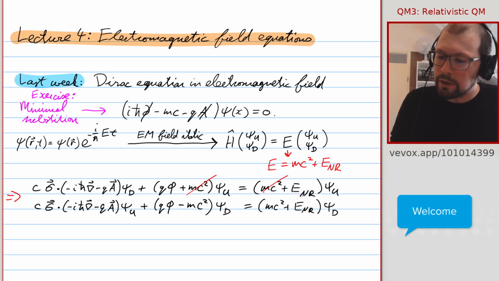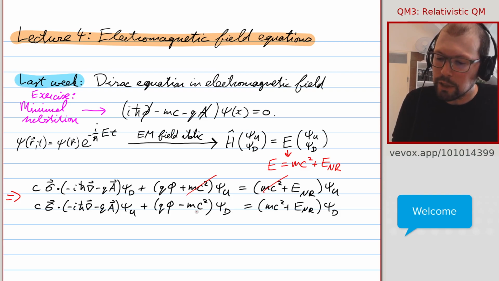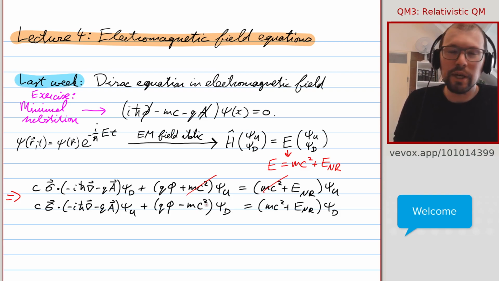Now, writing out these equations, we already observed that the rest energy for the upper component actually cancels on both sides, but not for the lower component, because due to this beta matrix that we have in the Dirac Hamiltonian, there is a minus sign in front of the rest energy term.